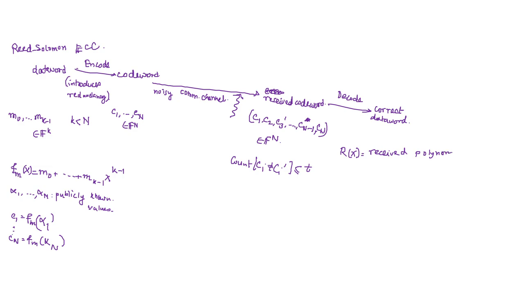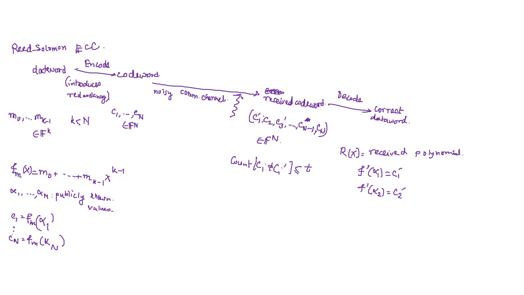It is some polynomial, say f dash, which has this property, right? F dash alpha 2 is c2 dash. So these are the received values.